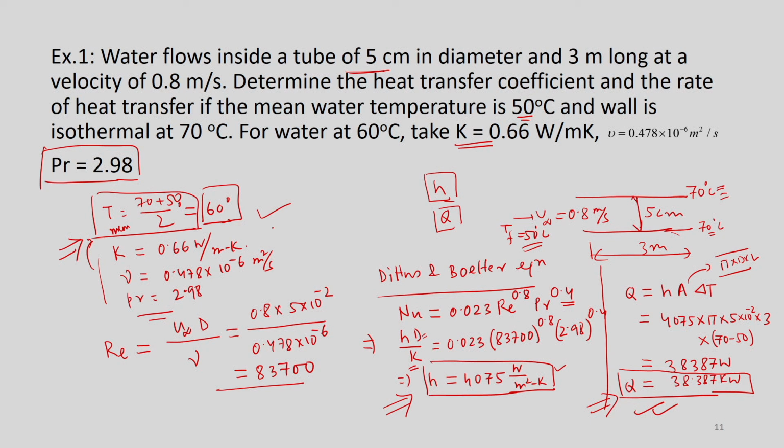At that temperature we have to find those properties. Then we calculate the Reynolds number, and the Prandtl number is given. So, we can use the appropriate correlation to estimate the heat transfer coefficient, and once that is done, we can calculate the rate of heat transfer.